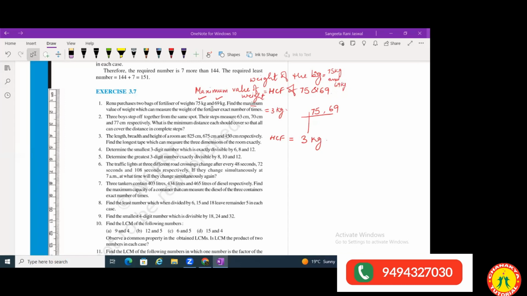Three boys stepped off together from the same spot. Their steps measure 63 centimeter, 70 centimeter, and 77 centimeter respectively. What is the minimum distance each should cover so that all can cover the distance in complete steps?